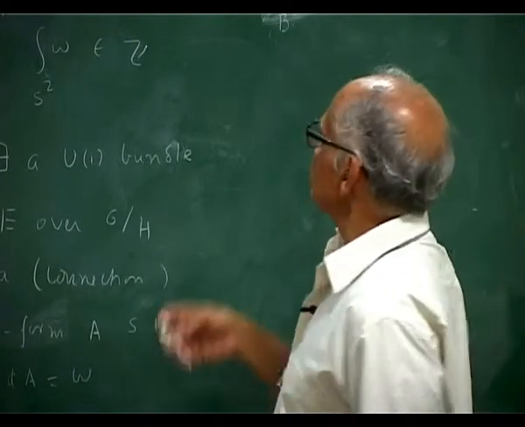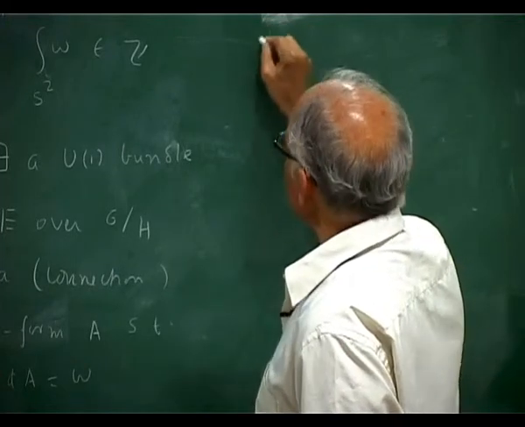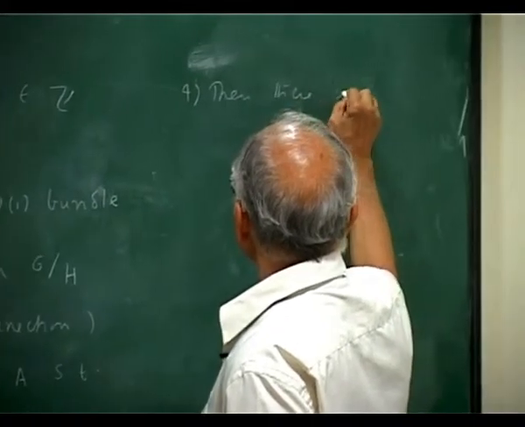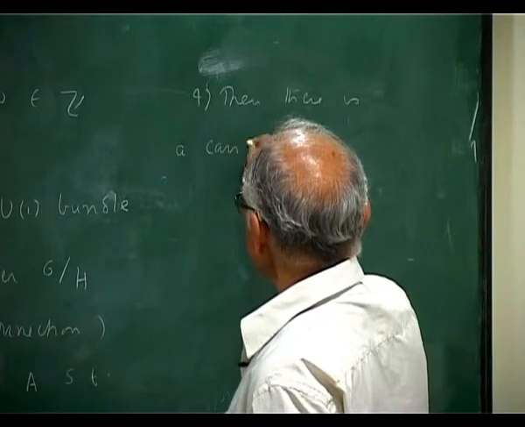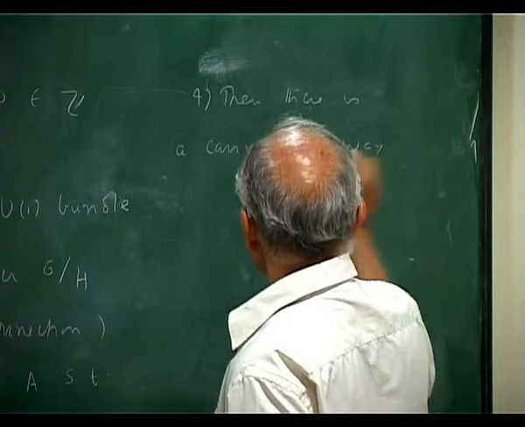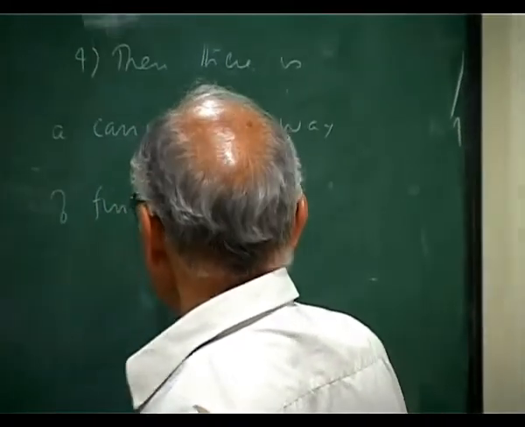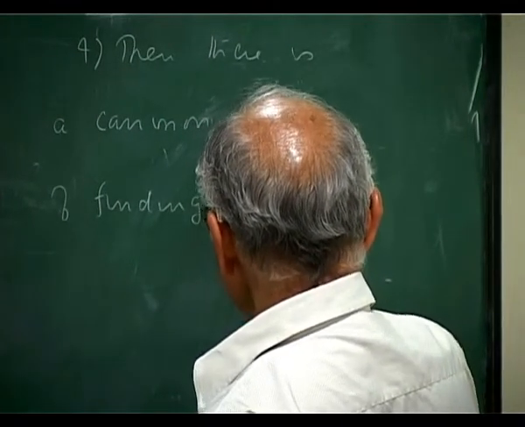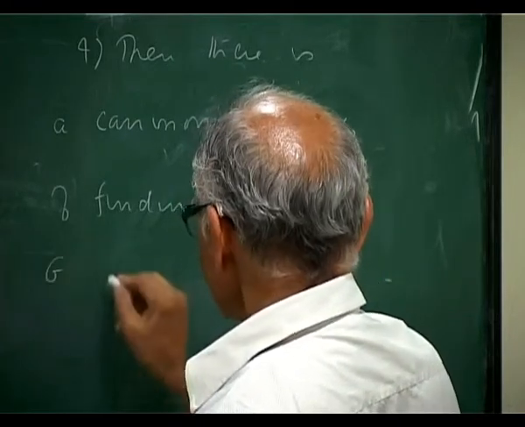Once you have that, let me say this simply. There is also a canonical way of finding the irreducible representation of G on sections of this bundle.